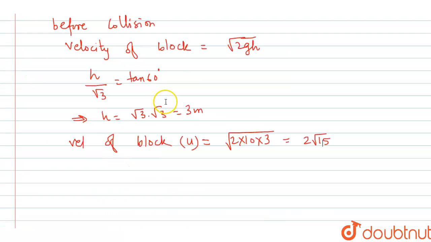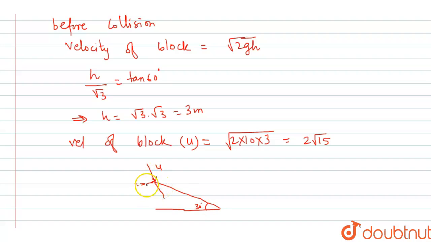Now let's look at the plane and try to understand it. This is our plane, and this angle is 30°. Now the velocity of the particle is u, and if you cross it, you will get this angle as 60, so this is 30, and this angle will be 120.